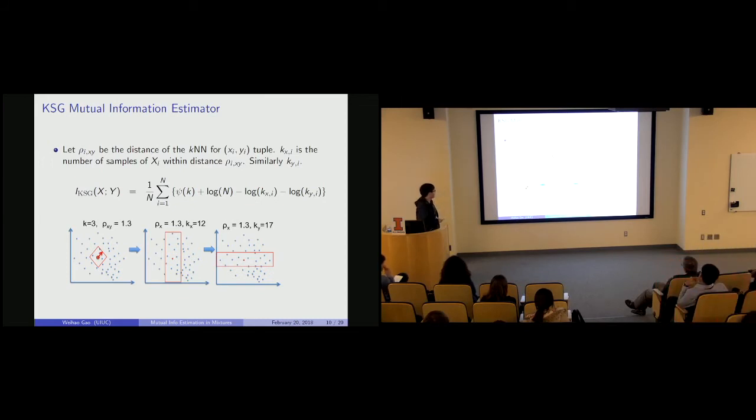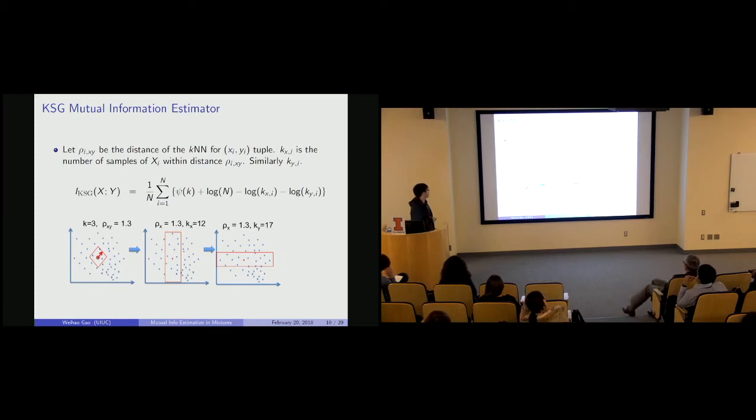So the KSG estimator is 1 over n, the summation of phi k plus log n minus log kx minus log ky, where phi is the digamma function. But here you can just think phi equals log. The intuition is that if near this point, pxy is approximately equal to pxpy, then k over n is approximately equal to pxy, kx over n is approximately equal to px, and ky over n is approximately equal to py.